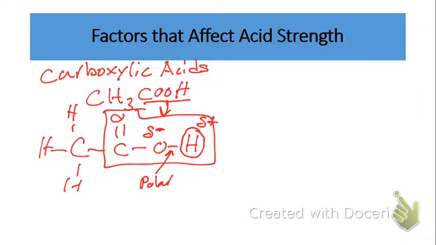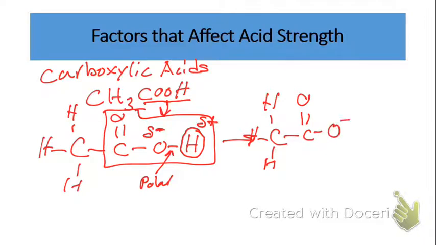All right, and it's a pretty big difference there. Okay, and so when this H is lost, you're going to create a conjugate base that looks like this, with a negative charge once it loses that, okay?